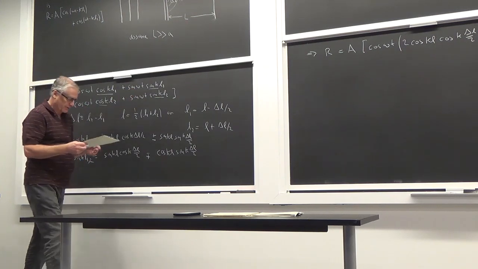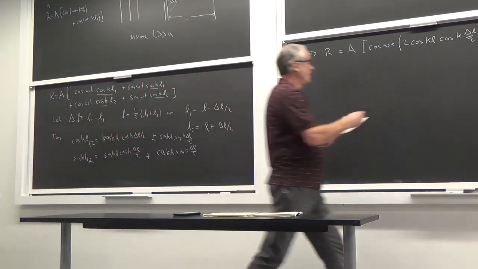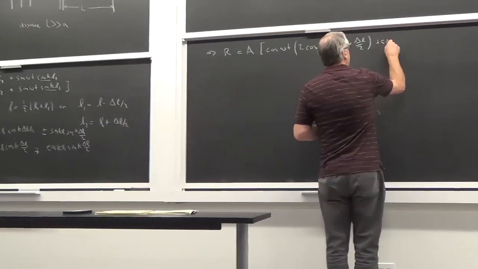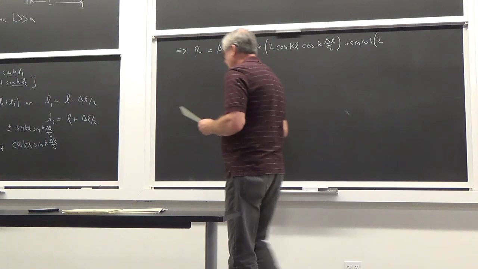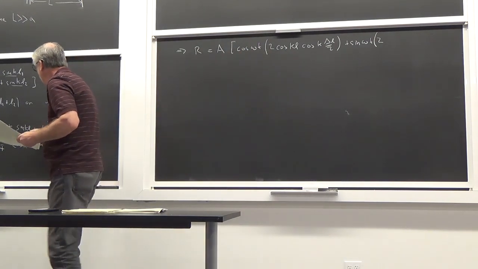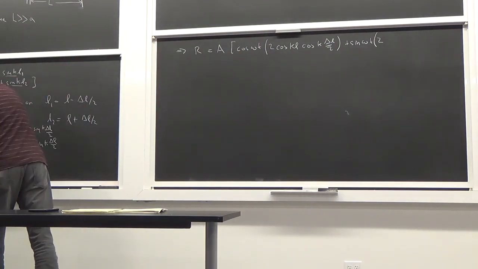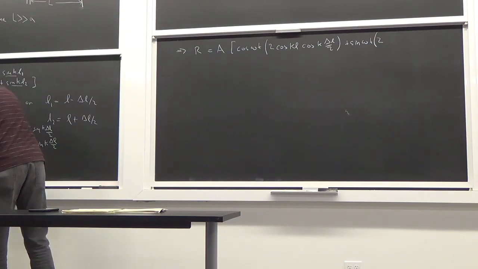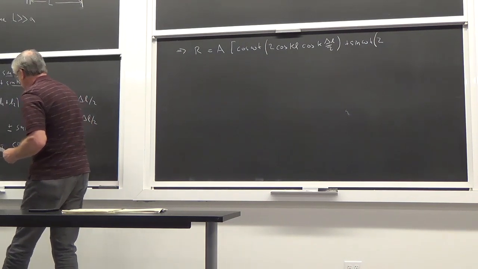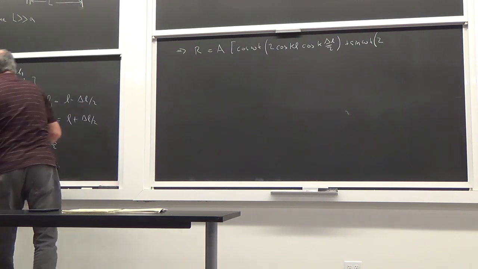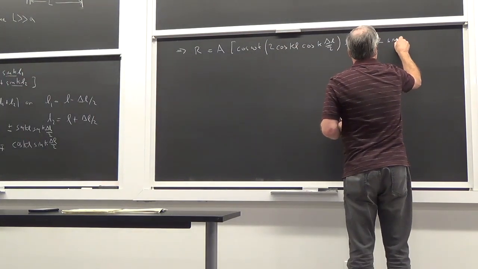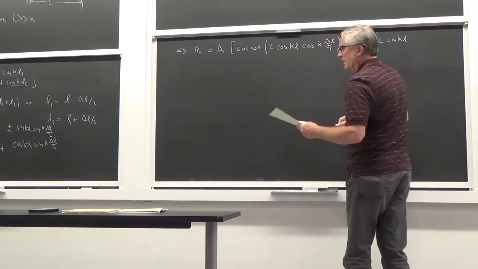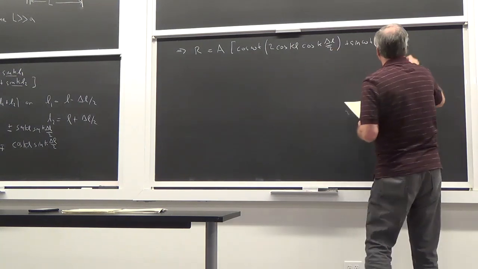Now I consider the sine omega t term. And so we get a similar thing on that. So we get a sine KL down here. So this part is going to cancel, and we're going to end up with a sine KL times cosine K delta L over 2.